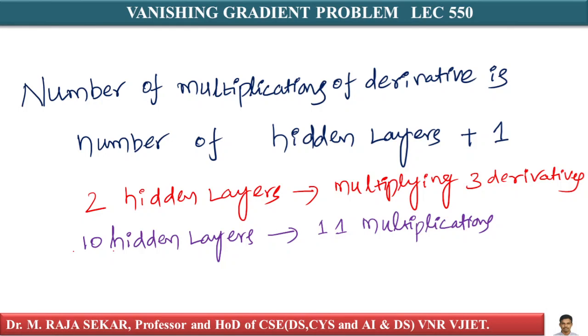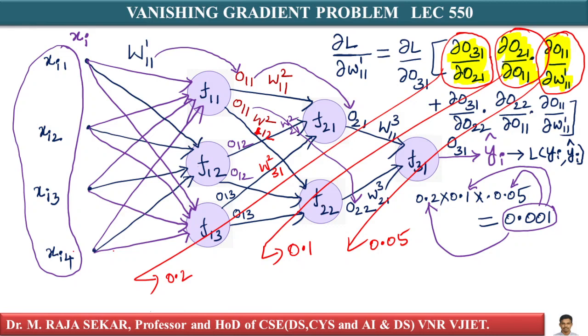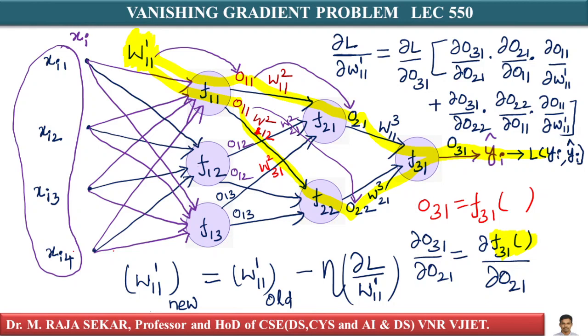If this derivative ∂L/∂w11 is smaller and smaller, my newer weight and older weight tend to become almost the same. Imagine if this derivative is 10 power minus 10. If it is 10 power minus 10, what happens? It will be a very small value, isn't it?